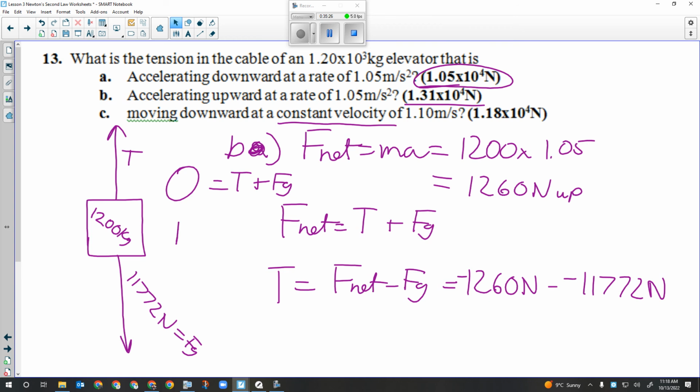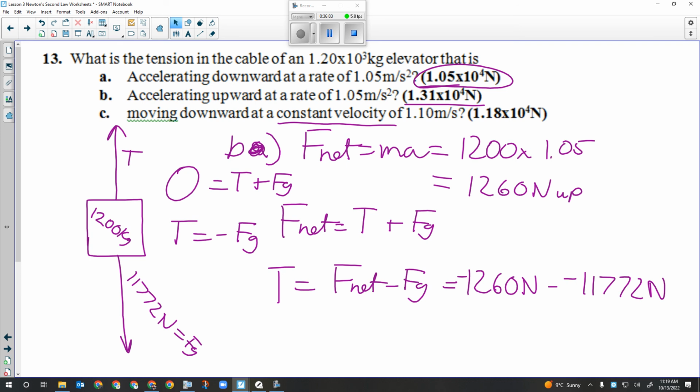In other words, they're equal in magnitude, but opposite in direction. The force upward and the force downwards balance. That's why they add up to 0. Anytime it says a constant velocity, it's actually given me a really big piece of information. It's told me a is 0, F net is 0, and that can be really helpful when I'm doing calculations.